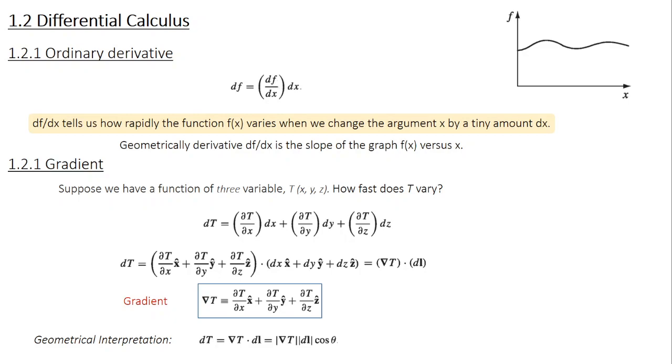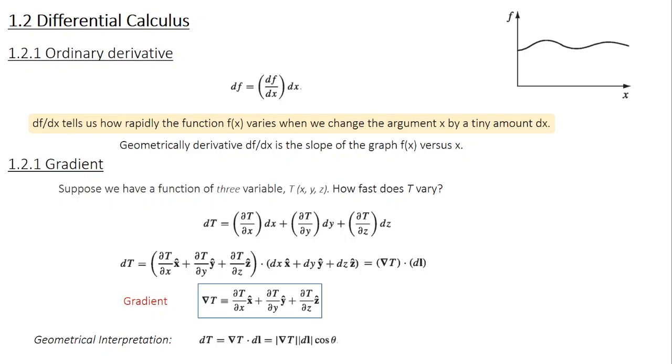Now, what is the physical meaning of the derivative? If you take a small change in the function as df and a small change in the argument as dx, then df is proportional to dx, and you can write df equal to df by dx into dx.